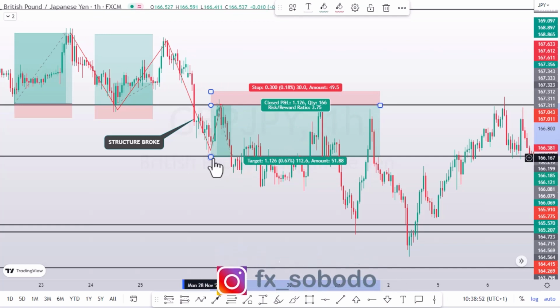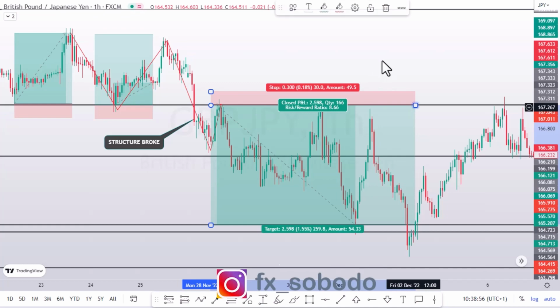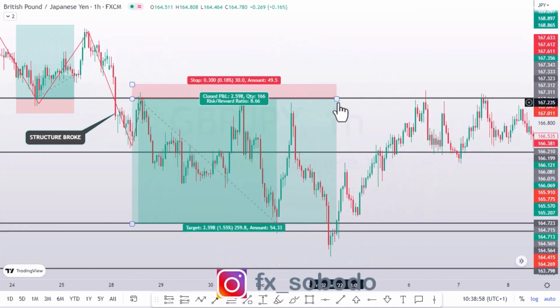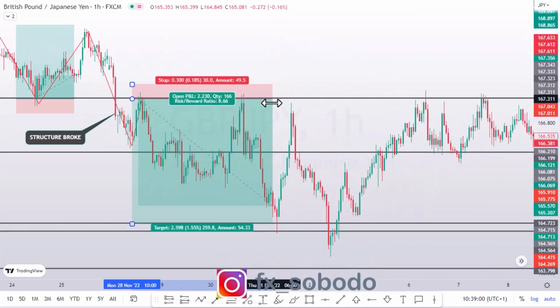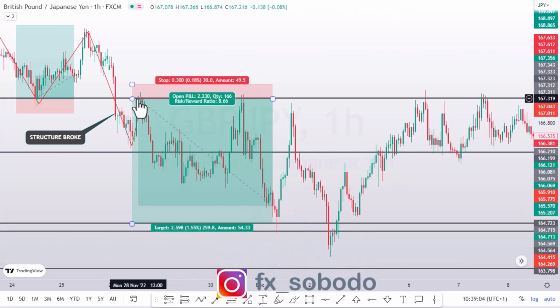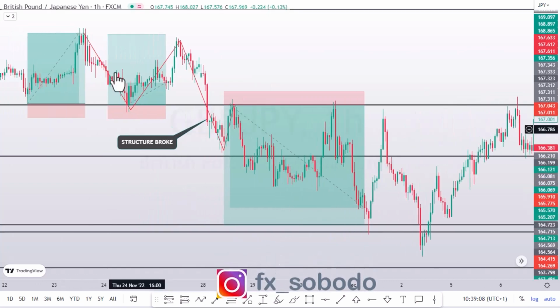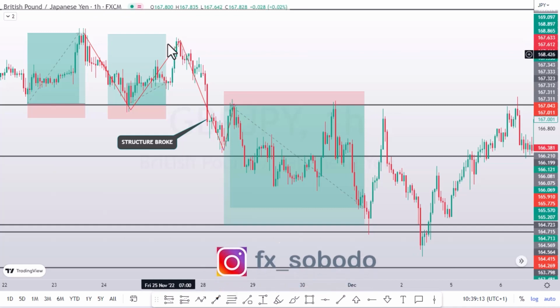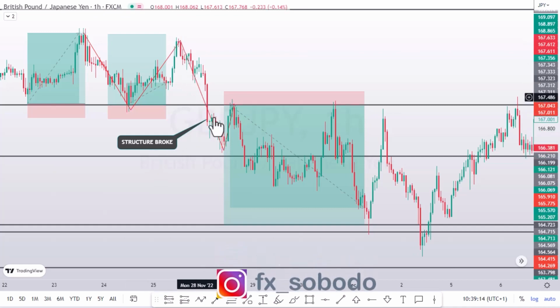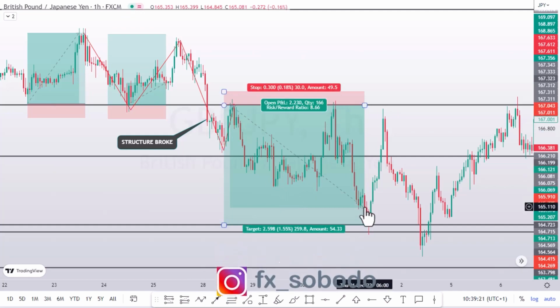The market then just dropped to the downside, collapsed. You see, it came, retested and dropped. By simply understanding the structure of the market. Here you see, structure got broke, retest. It came to test, boom. For the second time, boom.